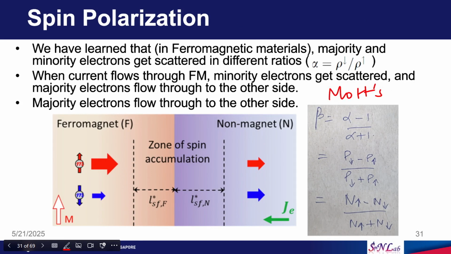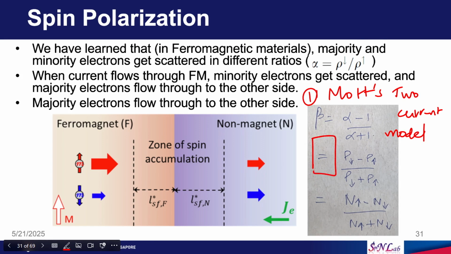Mott's two current model. So, we learnt that current flows in two different channels, one for up spin, one for down spin.